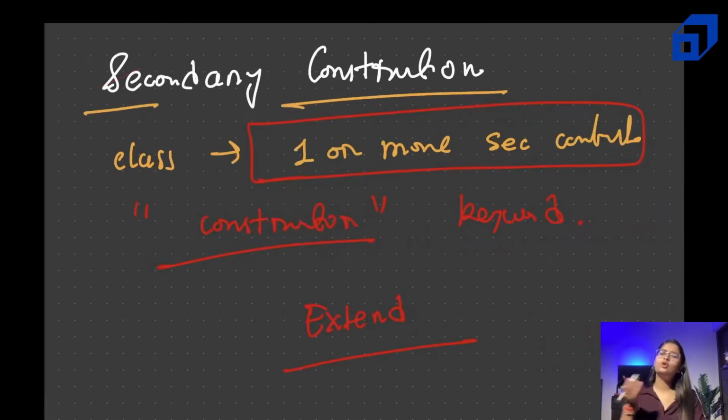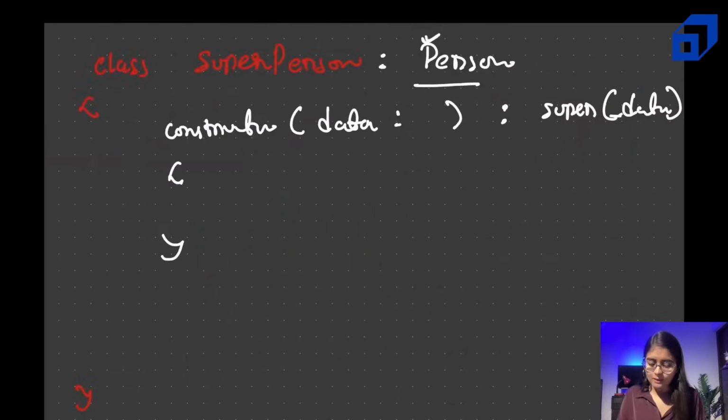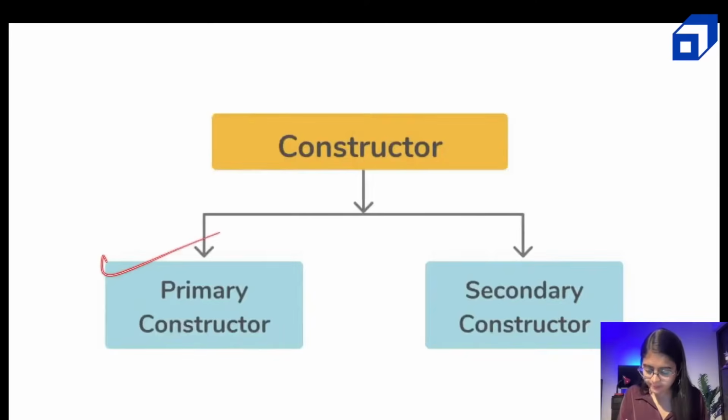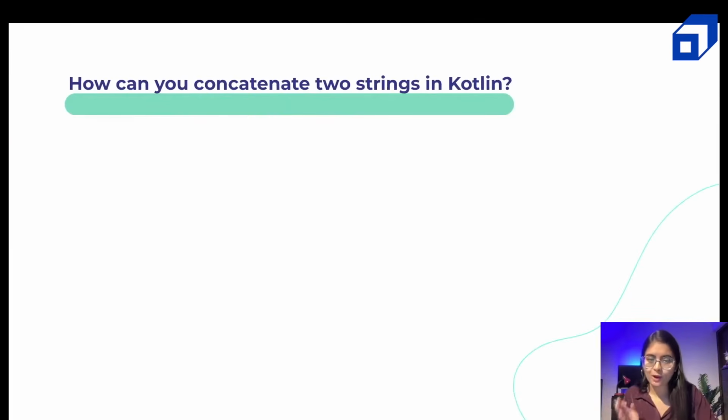Secondary constructors are not so common, but yes, if you have to create it, you can have multiple secondary constructors inside one single class, and for creating a secondary constructor you have to use the keyword constructor, okay. All right, now let's move ahead, and yes, this is kind of a summary that you already know. In Kotlin we have primary constructor and secondary constructor. I hope you will not forget this in future, okay.